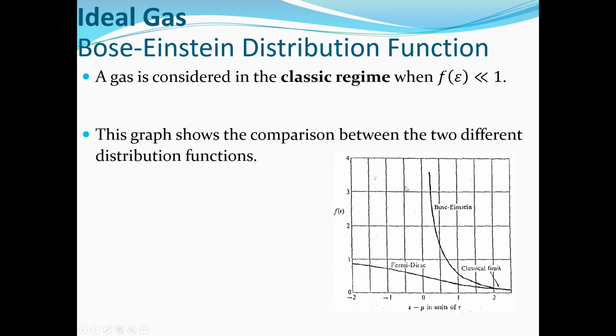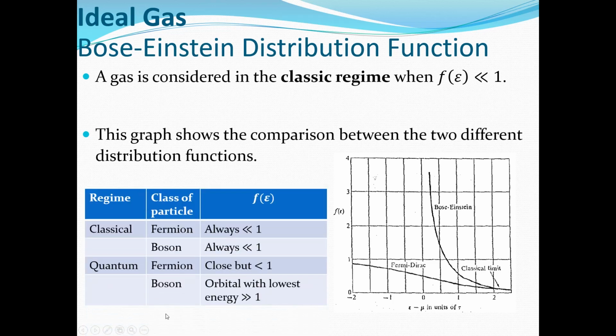With the bosons, though, technically there is a case where we can have all the particles in one single orbital. At the lowest possible energy level, we can have thousands and millions of particles all at the ground level. So that's why the Bose equation shoots up like this, because we can have more and more particles going into the same level, while the fermions end up reaching this plateau.